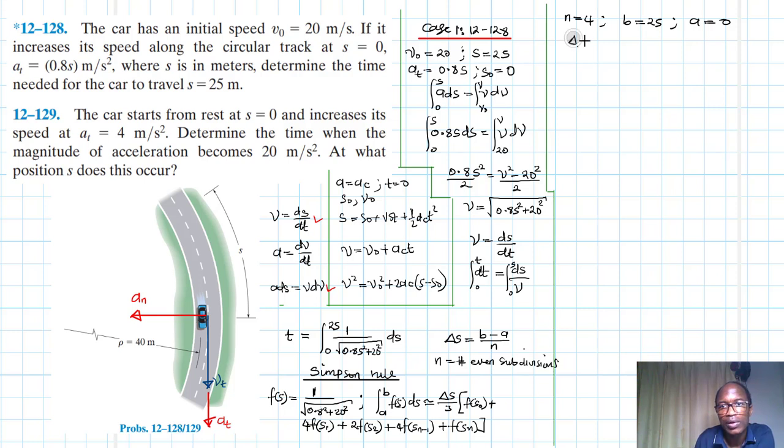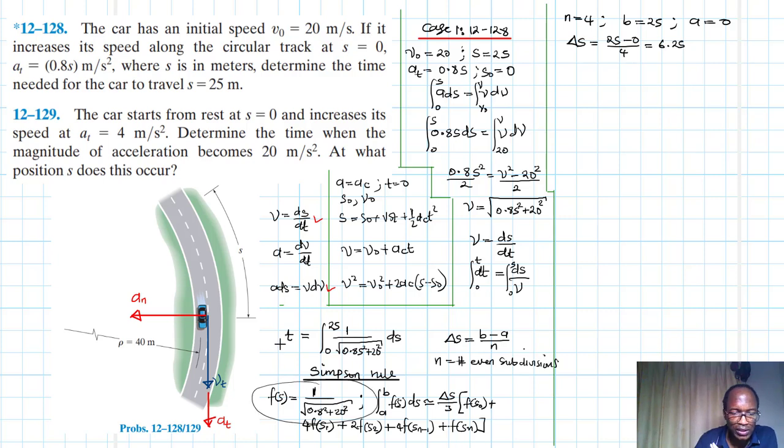Therefore our delta s is 25 minus 0 divided by 4, which is 25 divided by 4, equal to 6.25.